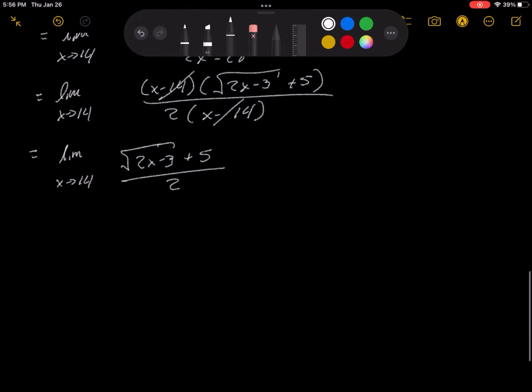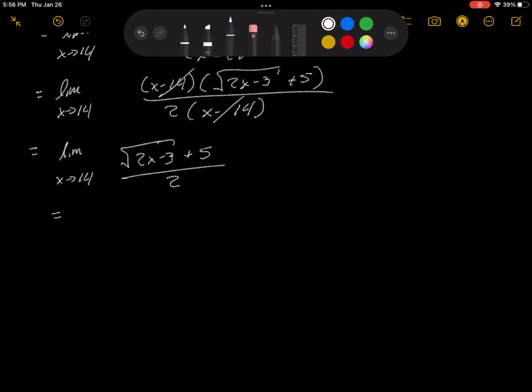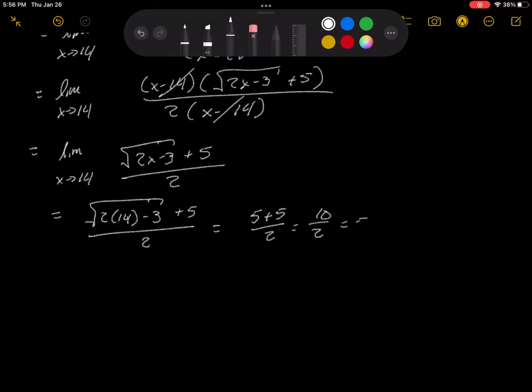Let's try directly substituting now. Two times 14 is 28, minus 3 is 25, square root of 25 is 5. All of that just for 5.